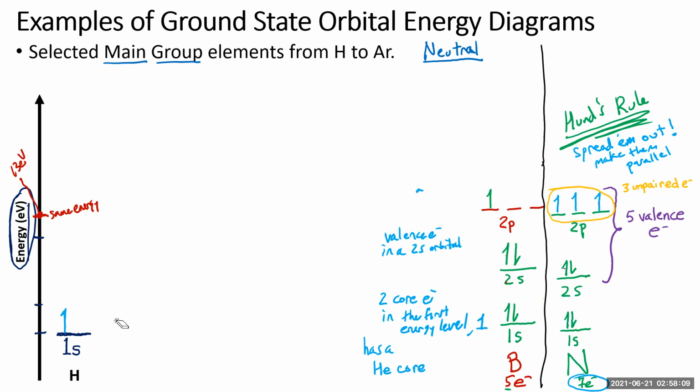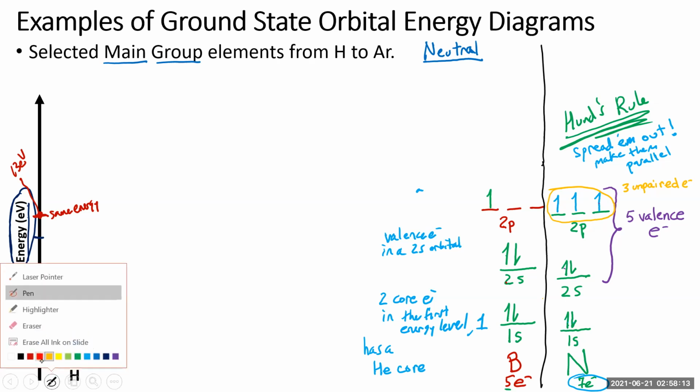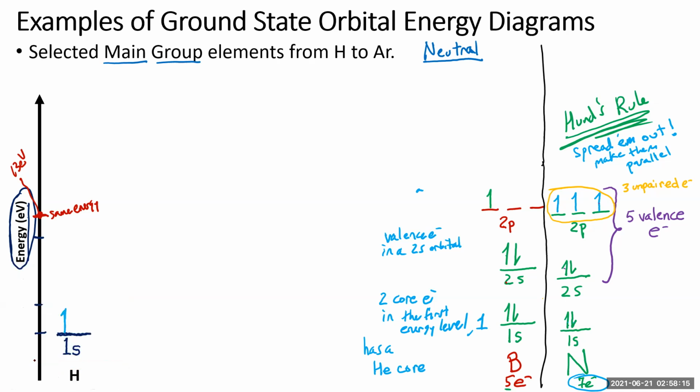Oh, that's one more thing. Another way to describe this, let me use red, is that we have an exactly half-filled p subshell. Half-filled p subshells are actually fairly stable when it comes to the d subshells.